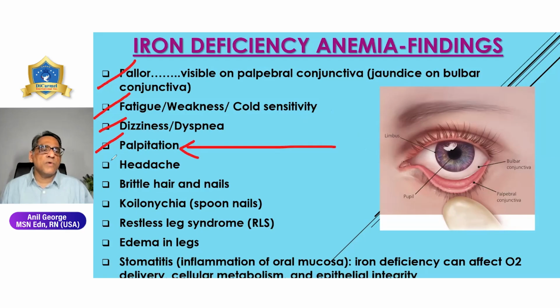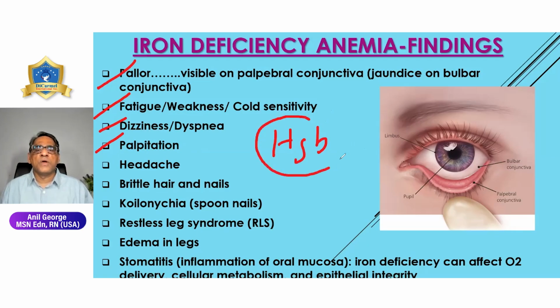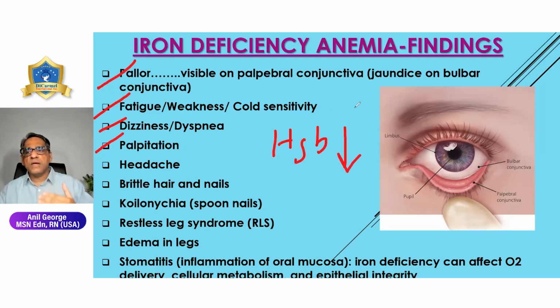It is the hemoglobin, which contains the iron, that is actually transporting the oxygen. So when the hemoglobin level goes down, we can understand it's going to affect the oxygen transport. Basically, when somebody is anemic, the oxygen transport to the tissue can get affected.